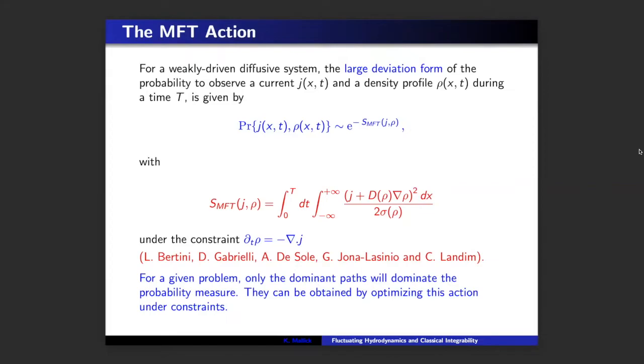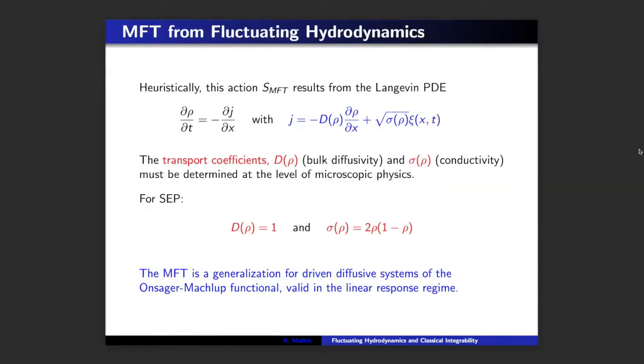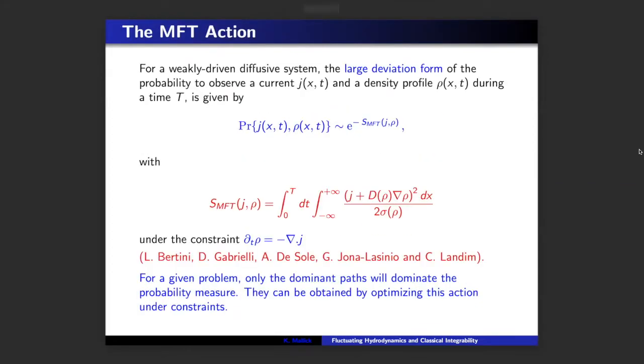And if you really stare at it, as I told you, the hydrodynamic equation, well, I will explain that immediately after. So stare at it and memorize it. And of course, you have the continuity equation, there's no creation or destruction of particles in the bulk. So the time derivative of the density is minus the divergence of the current.